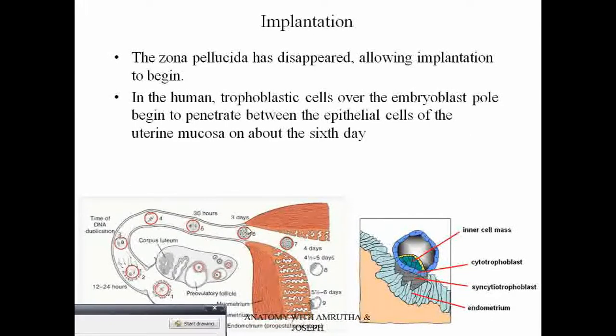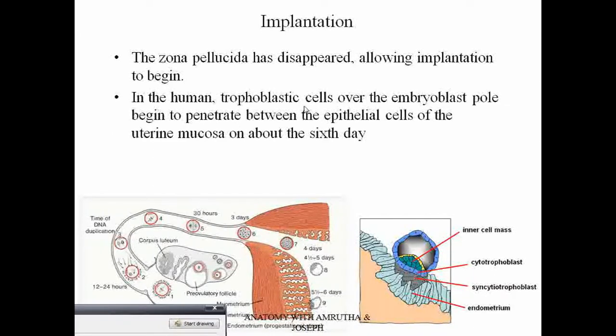If it disappeared at an earlier stage, it could get implanted into the fallopian tube or the sides of the uterus, but that does not occur. Usually it occurs when the zygote reaches the uterus. When the zona pellucida disappears, the zygote implants.